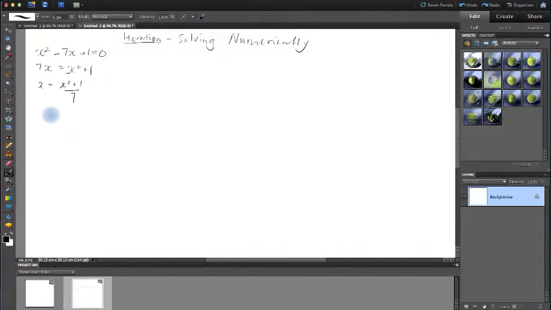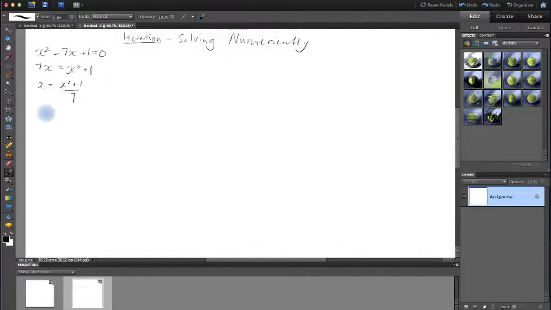So this is kind of the same thing as if we have two simultaneous equations going on, y equals x and y equals x squared plus 1 over 7. And we're trying to find the point at which those two things intersect.